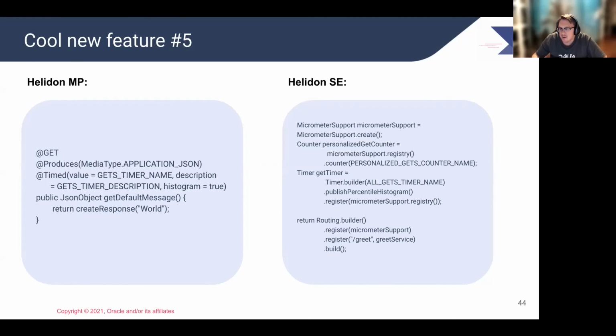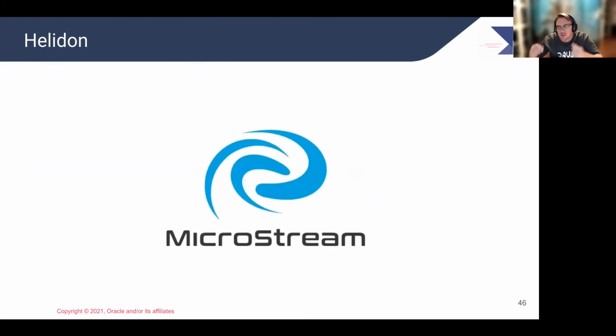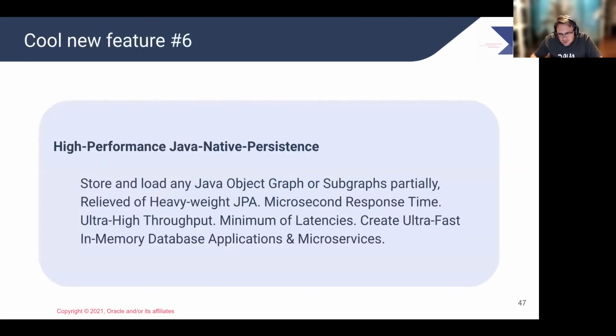It's a really cool new feature, and I think it's quite highly appreciated by the customers that we have. And cool feature number 6, and this is one of the coolest, newest, freshest, amazing features that we have in Helidon: MicroStream support. I believe it is especially appreciated at this conference, and I really love it myself. What is MicroStream?